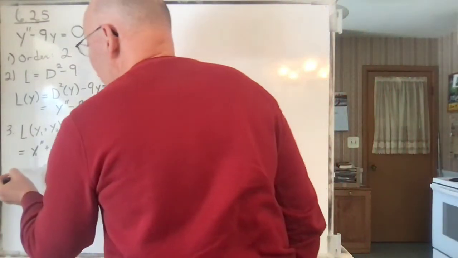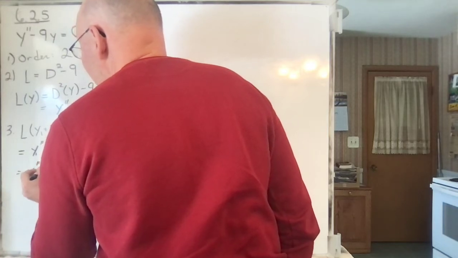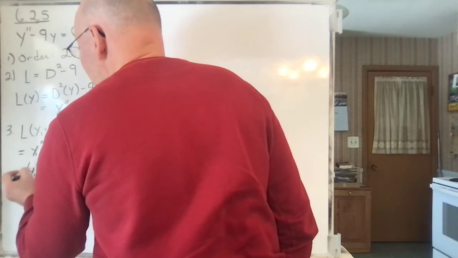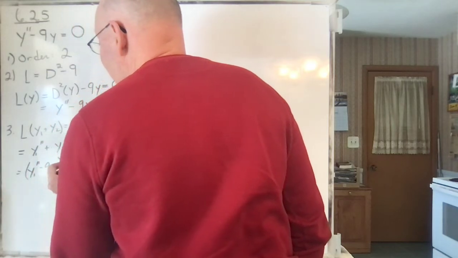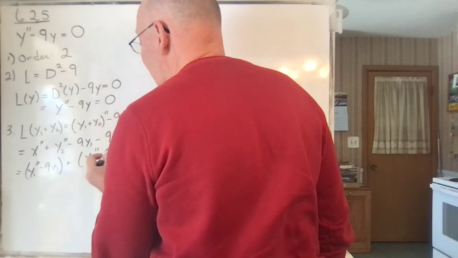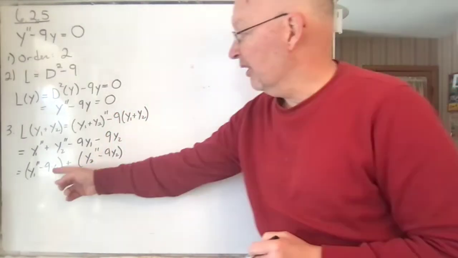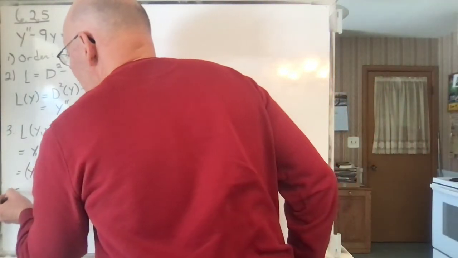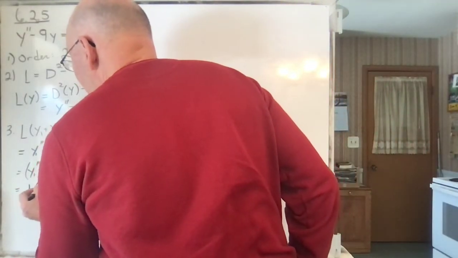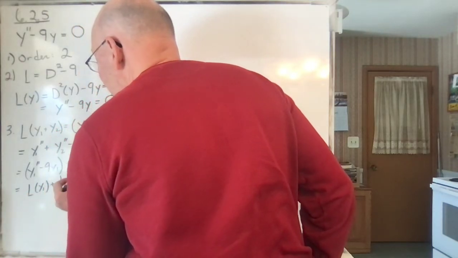And then I can regroup this and get y1 double prime minus 9y1, see that? Plus y2 double prime minus 9y2. And notice that this then is just equal to L of y1 plus L of y2.